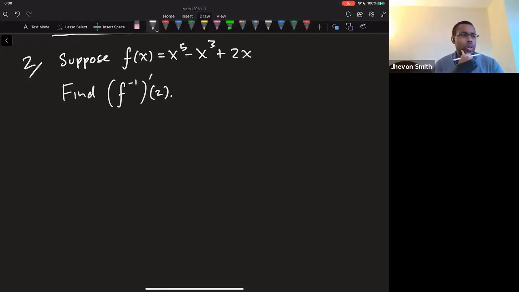There are other functions where you wouldn't be able to do it any other way. So I'm going to do it the way that would work more generally. Because you could say you want to find the inverse function first, and then take the derivative and plug in 2, which would be very difficult, or at least find it at 2.